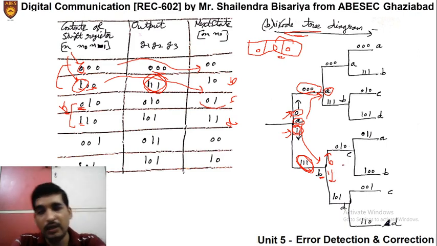Remember, repeating again, from any state whenever we move further, we have two options. That means from that state we have to move either upwards or downwards. If input is 0, we move upward.